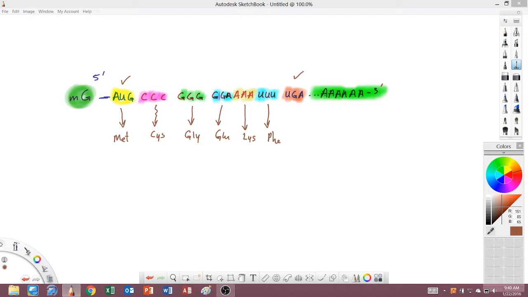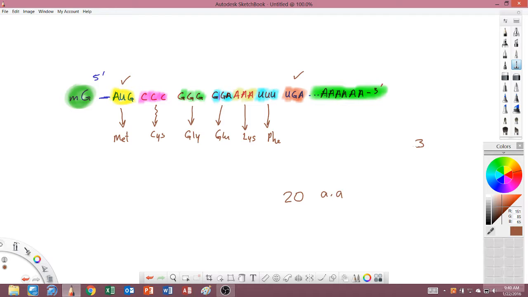Now, the second thing is, how many amino acids do we have that participate in protein synthesis? 20. We have 20 amino acids, correct? How many codons do we have in total? 64. 3 of them are stop codons. Stop codons don't code for anything.